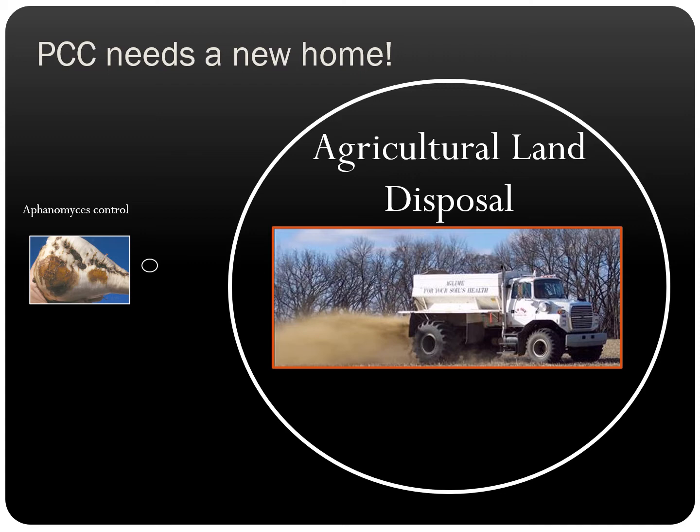Lots of agricultural land can actually utilize the material and take it up. There's going to be a little bit of a need for Aphanomyces control, that disease, and there's areas in the state where that is an issue, and that lime can be used to maybe control that, but that amount of land is relatively small compared to the amount of agricultural land that's available.